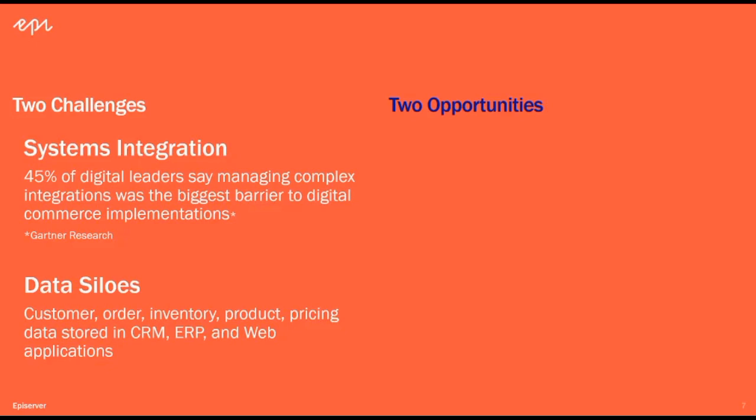And I'm sure if you're running AX or CRM and integrated into your web platforms, you've gotten a flavor and a taste of this. The other is data silos. We've got customer data, order data, inventory, product data, price lists, all spread out across the organization, and they're not being used in ways that actually improve the customer experience.